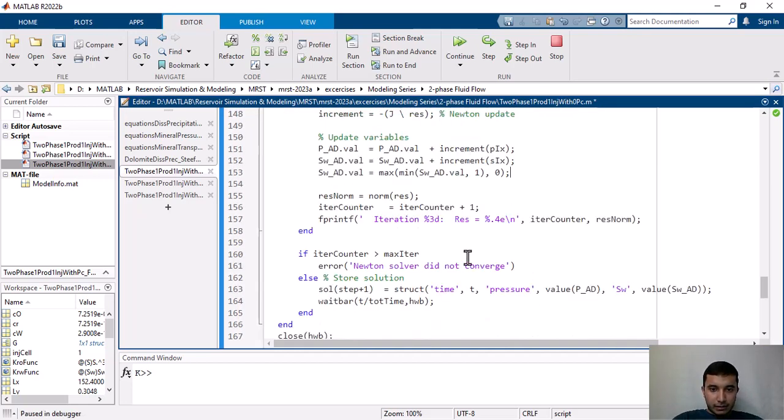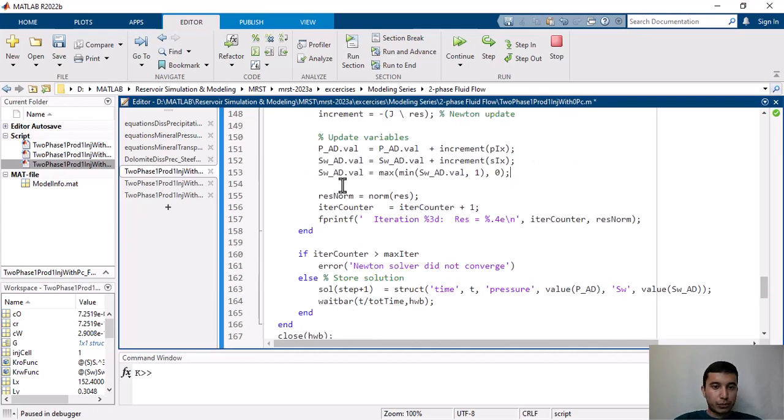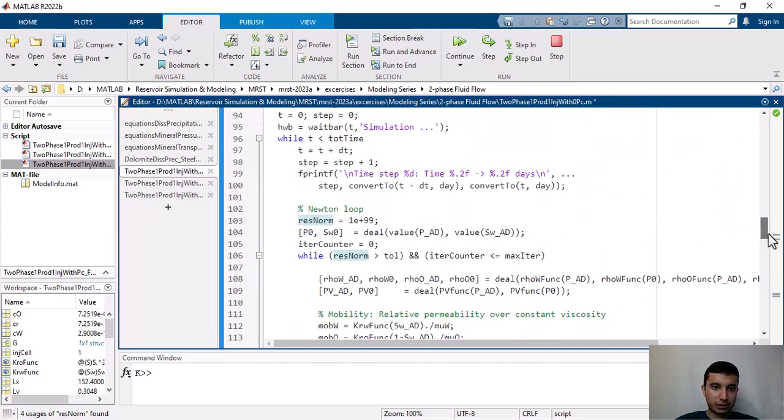And that's it. Here the loop is completed, and if, as I told you, the residual is not less than the tolerance that we set here, what is the tolerance? This is a tolerance.